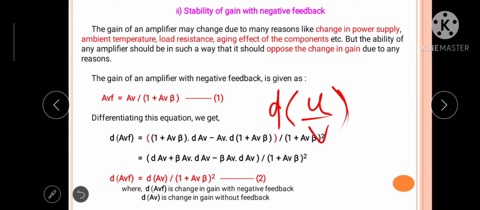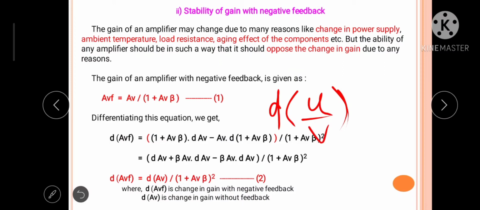Now taking derivative of both sides of equation 1, on the left side we get derivative of AVF, equals the derivative of the right side, by using this formula: (1 plus AV into beta) into derivative of AV minus AV into derivative of (1 plus AV into beta), upon (1 plus AV into beta) whole square.